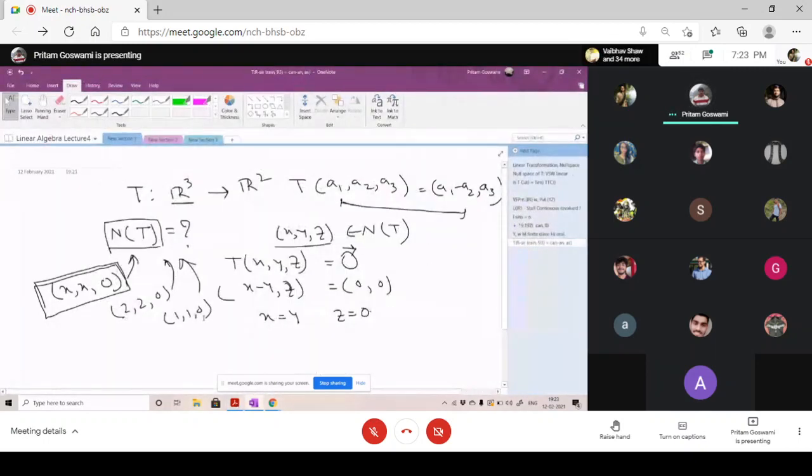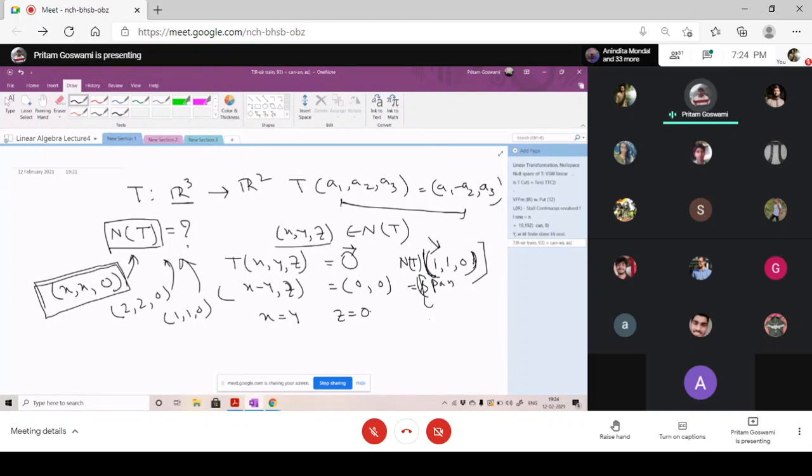The dimension would be 1, because the basis of the null space is (1, 1, 0). The null space is nothing but the span of this vector, right? So the dimension of the null space is 1.